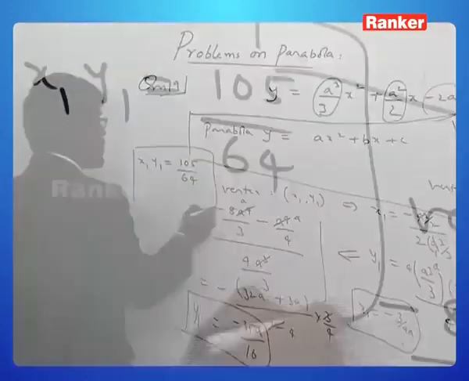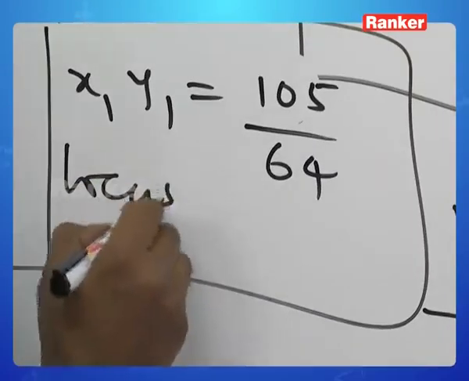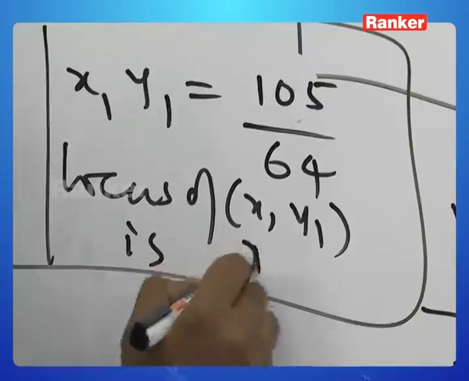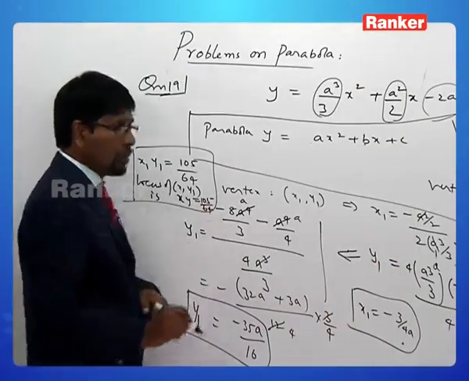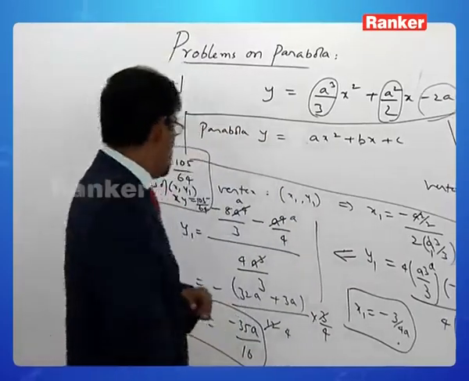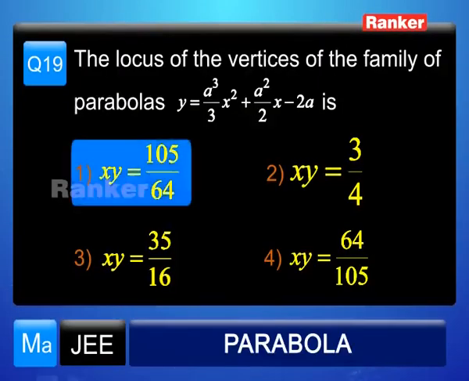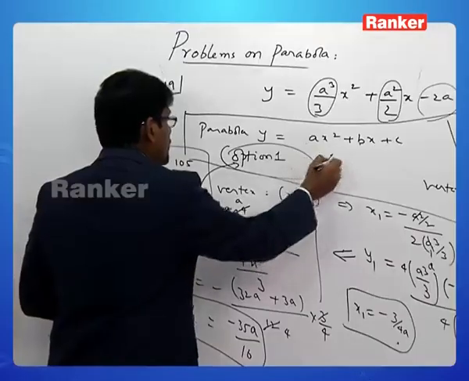So x1 into y1 is 105 by 64. Therefore the locus of x1, y1 is x into y equal to 105 by 64. This is appearing in option 1, so option 1 is the right answer.